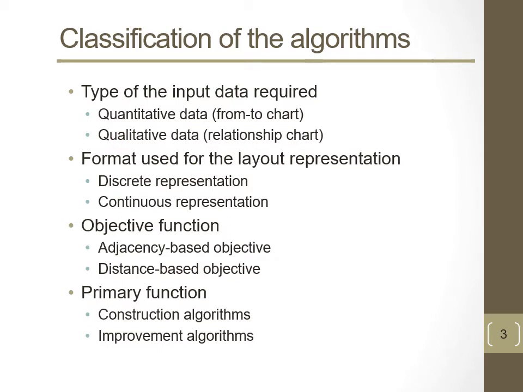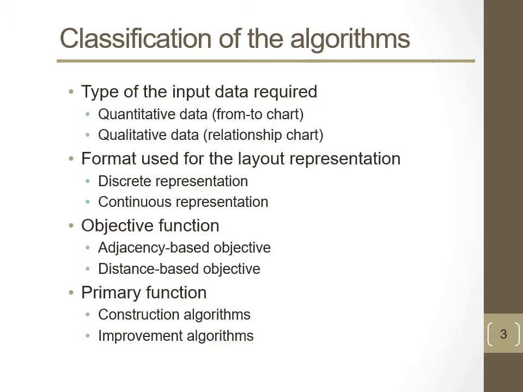We can classify them depending on how they represent the layout. Some algorithms represent the layout in a discrete way. In fact, most of them do. We will talk about this. But on the other hand, some algorithms may represent the layouts in a continuous way.